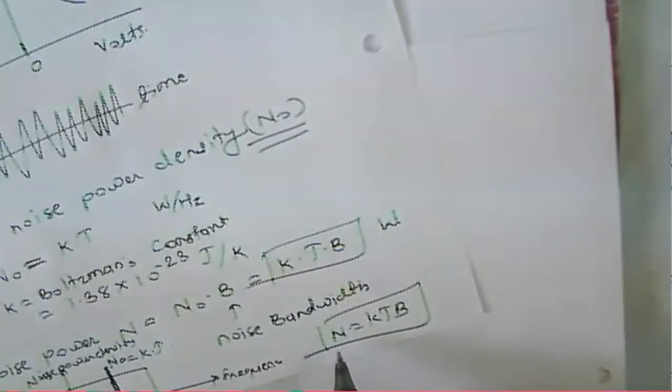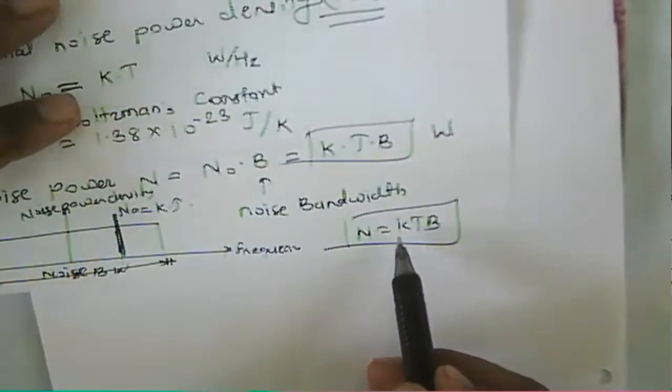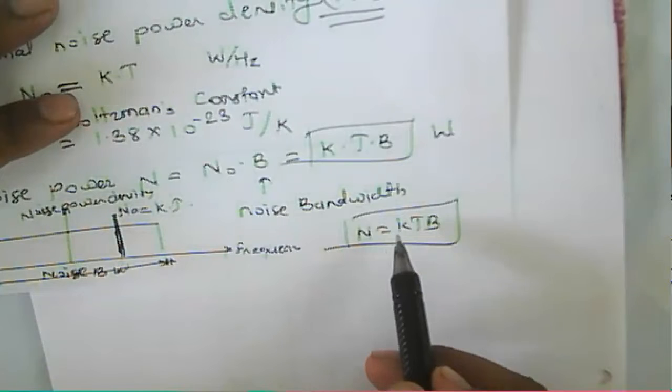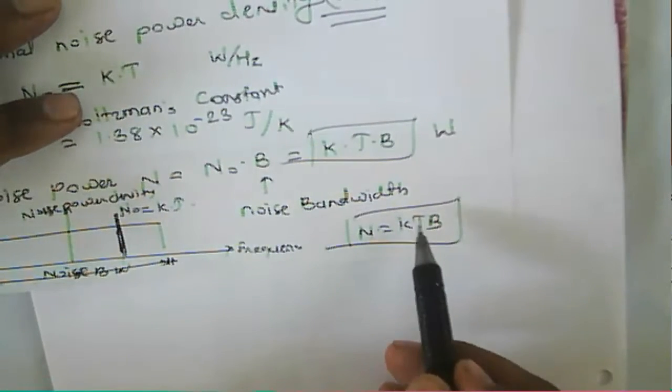So if you consider a typical receiver system, because this noise is generated and depends upon the Boltzmann constant and the temperature variation, so we get that noise power density.